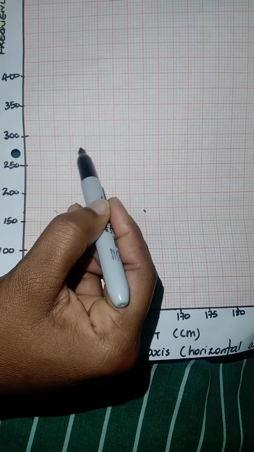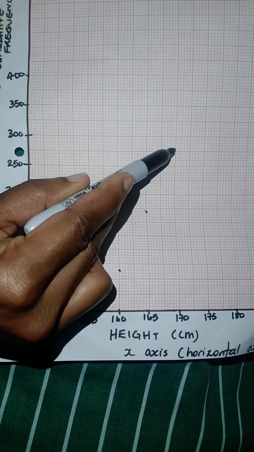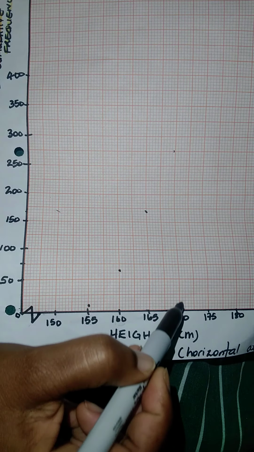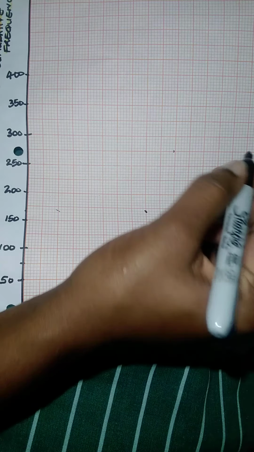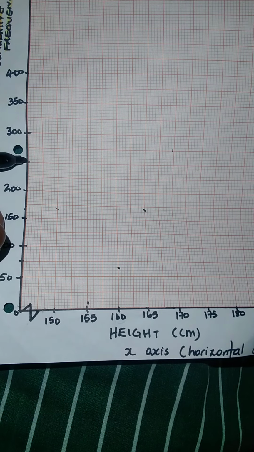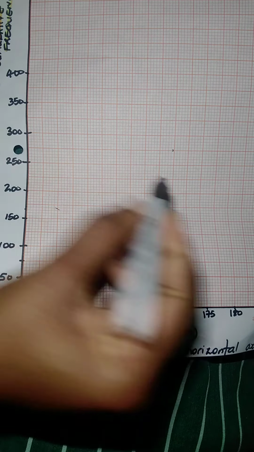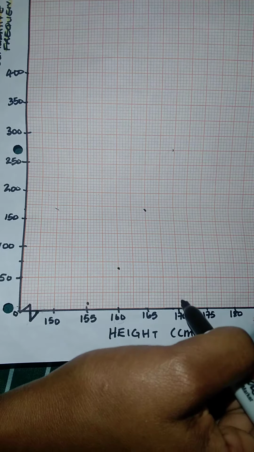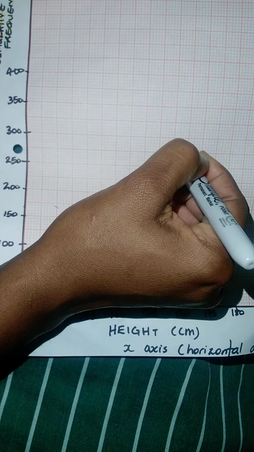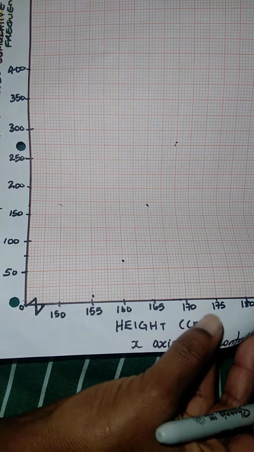So 280 is right above here. Going all the way across is still 280 until we are right above 170. All right, let's check again. 255, 260, 265, 270, 275, 280. So 280 would be right here. When you're doing yours, you will see it much, much clearer.